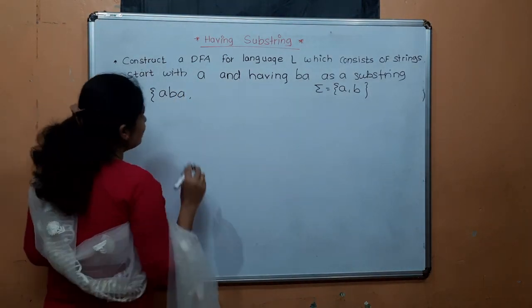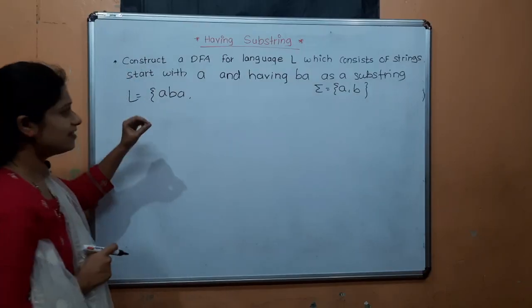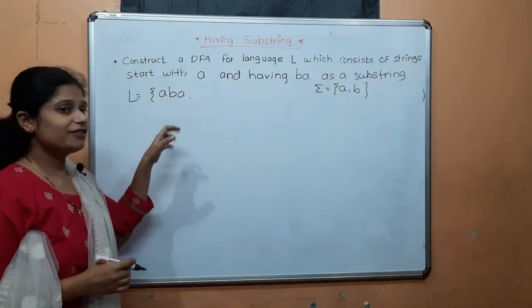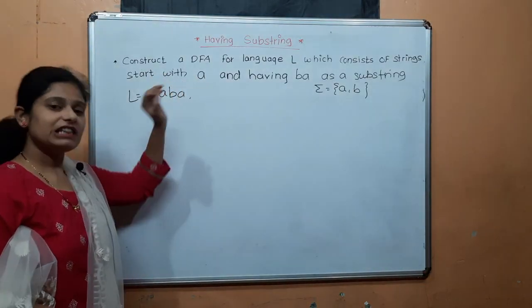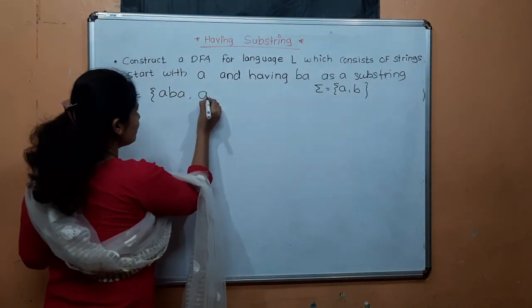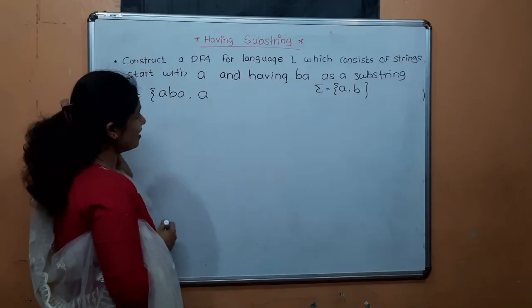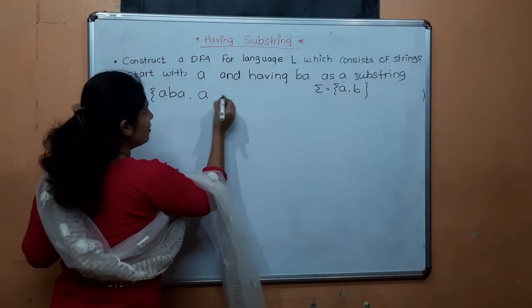Now see here, the condition is given that this string starts with A. So we cannot start with either A or B or C, because the condition is that it starts with A. So compulsorily we start any string with A having BA.